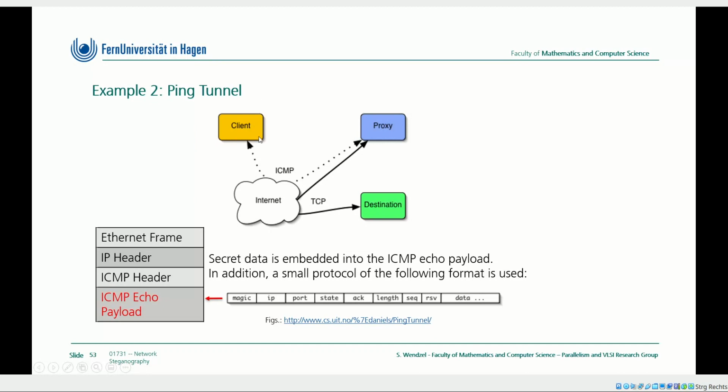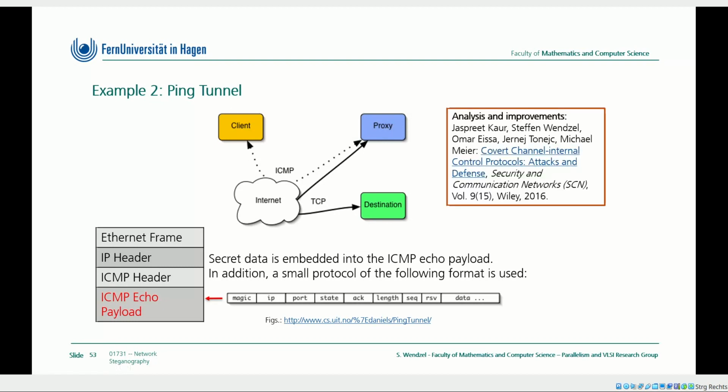So for instance, a journalist but also a malware could use such a technology to route around a blocking attempt, such as a firewall that blocks TCP connections to the destination. We improved this tool because it has some limitations. In this journal paper, we describe how the embedding and use of this tool can be made more reliable and secure.